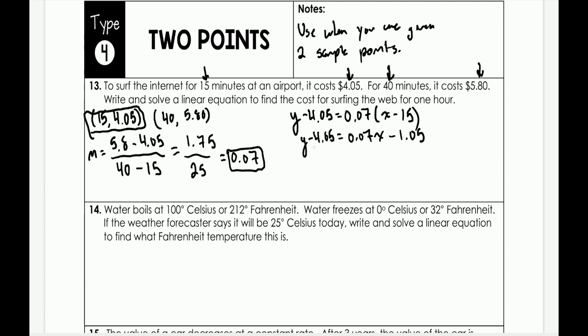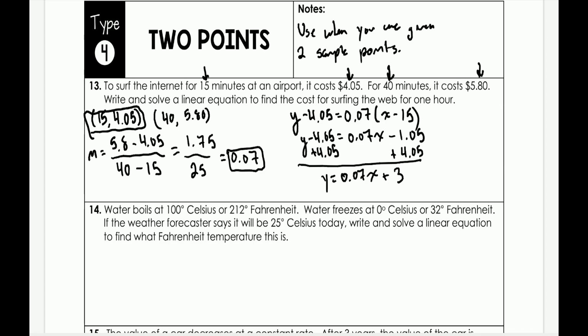So in other words, to get rid of this negative 4.05, we're going to add 4.05 to all sides. And if we simplify this, we have that y is equal to 0.07x plus 3. Okay? And remember that x represents the number of minutes.